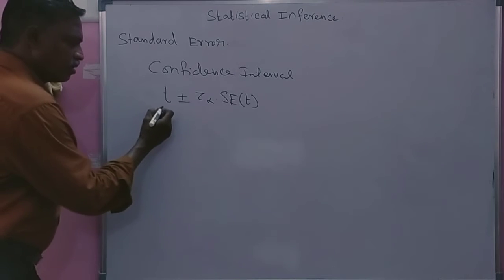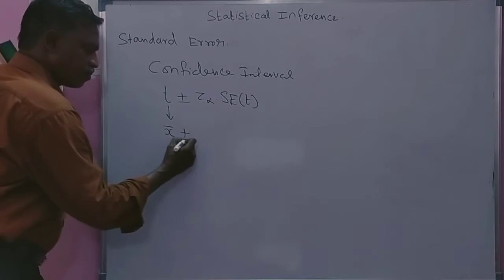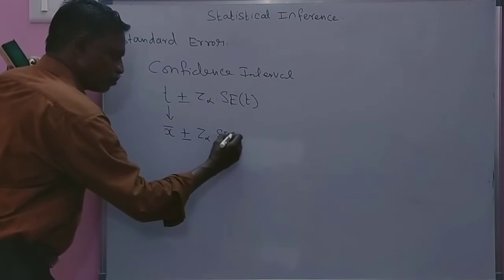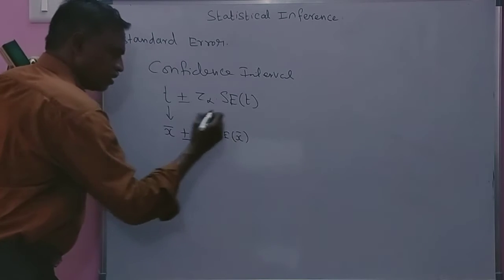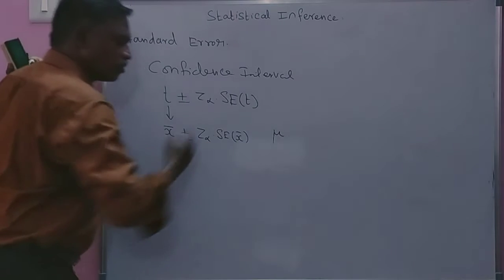For example, the statistic may be x bar plus or minus z alpha into standard error of x bar. So this is the confidence interval for the population mean mu.